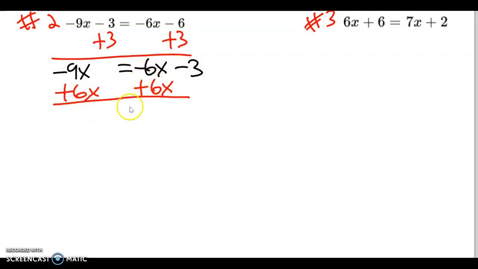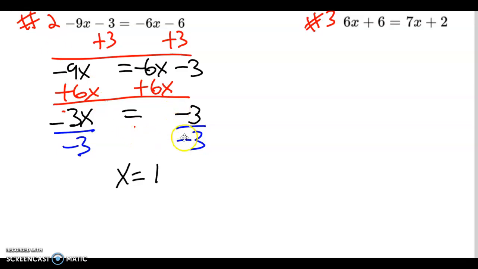That'll cancel this out. Now I have negative x and positive 6x. Different signs, find the difference. Subtract, you get negative 3x is equal to negative 3. Got my letters to the left. Now I'm just going to divide by negative 3 on both sides, and x is equal to positive 1. Negative divided by negative is a positive. 3 divided by 3 is 1.